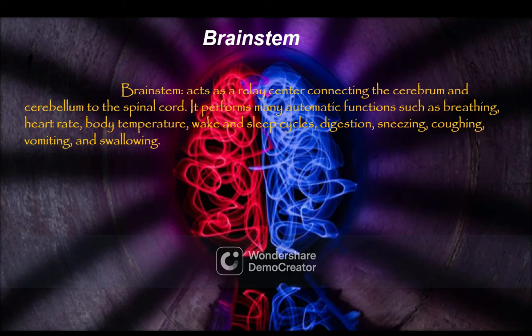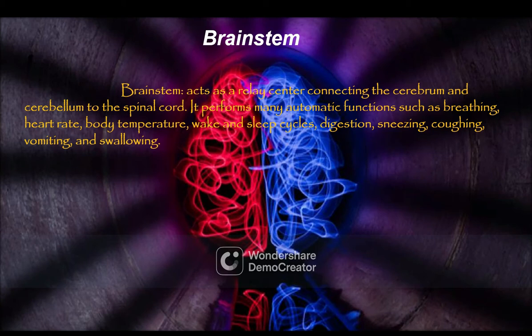It has the critical roles of regulating cardiac and respiratory function, helping to control heart rate and breathing rate. It also provides the main motor and sensory nerve supply to the face and neck via cranial nerves. 10 pairs of cranial nerves come from the brainstem. Other roles include the regulation of the central nervous system and the body's sleep cycle.